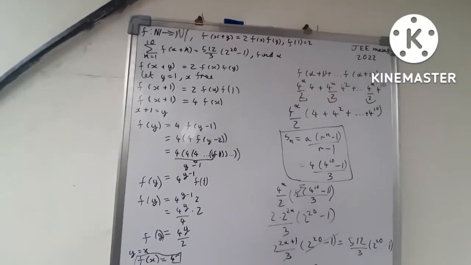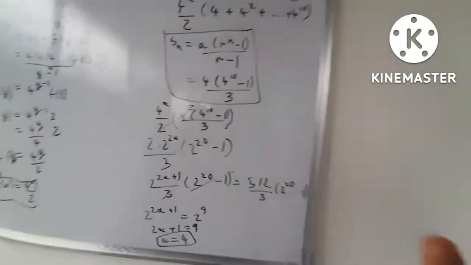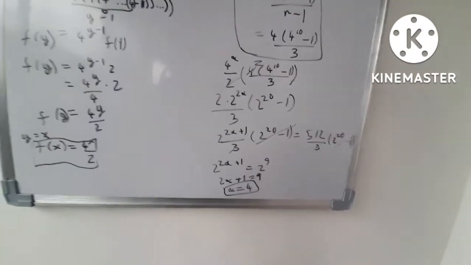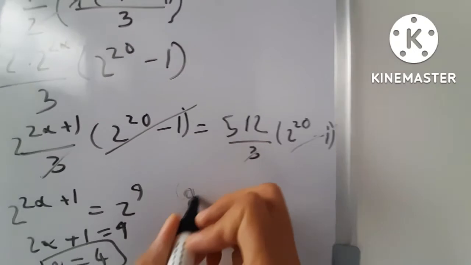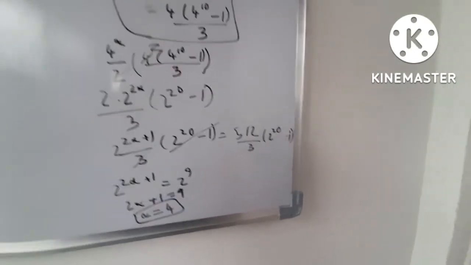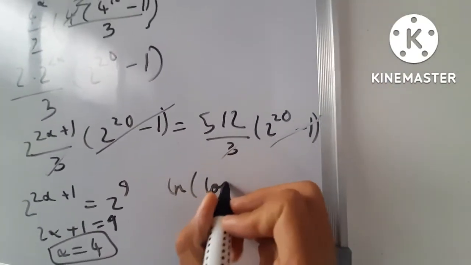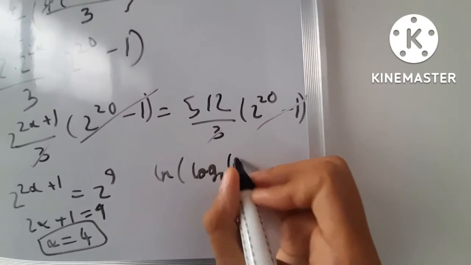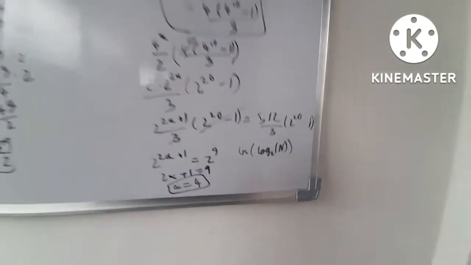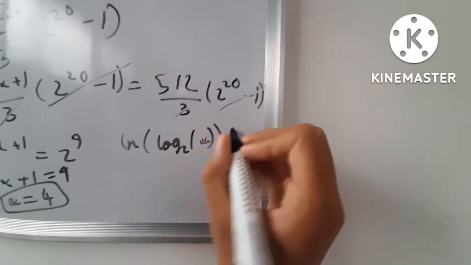Anyways, this is pretty nice. And if you're looking for the nice part in this video, let's see. So if we take ln of log base 2 of our answer, of alpha, this is log base 2, right?